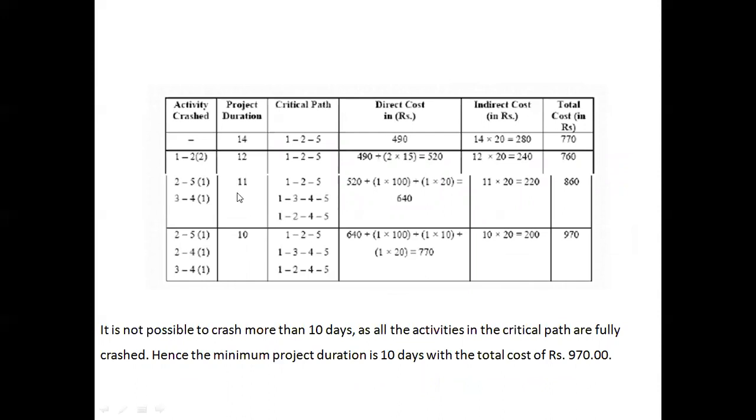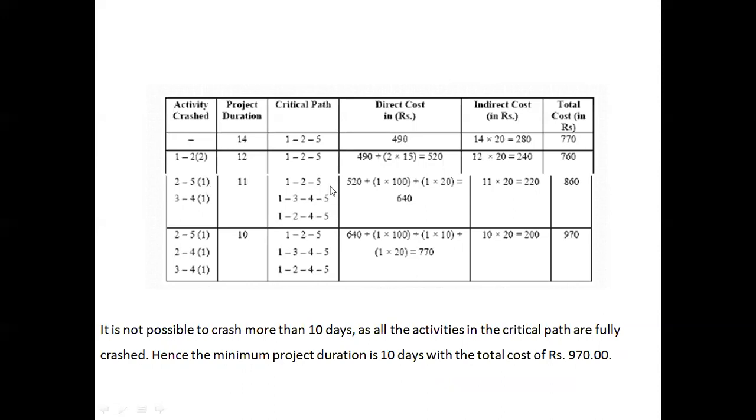If it is crashed by 2 days, the critical path will shift to 1 to 3, 3 to 4, and 4 to 5, because 11 is the project duration for that path. The duration of 1 to 2, 2 to 5 would become 10, but the project duration would remain 11 itself. It means we would be unnecessarily crashing one extra day of activity 2 to 5. So in order to maintain the project duration equal to 11, let us crash this 2 to 5 activity by 1 day.